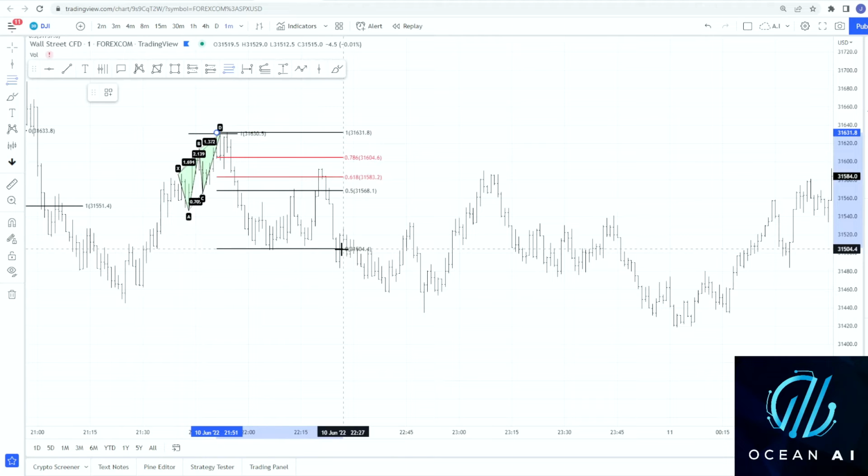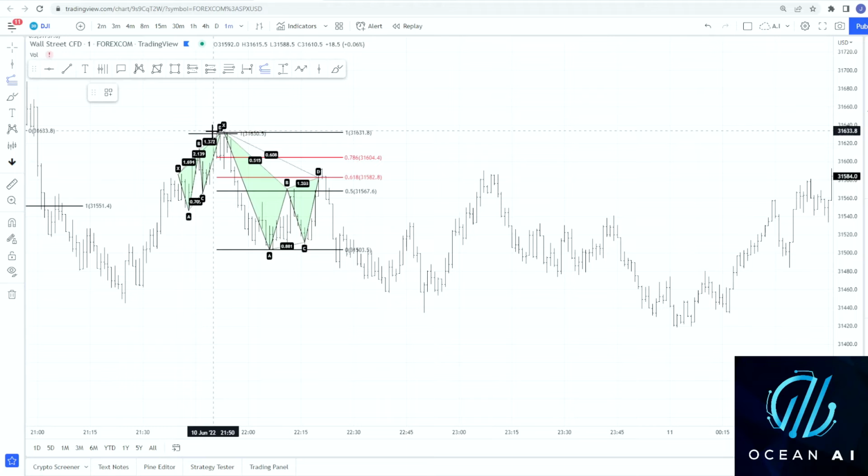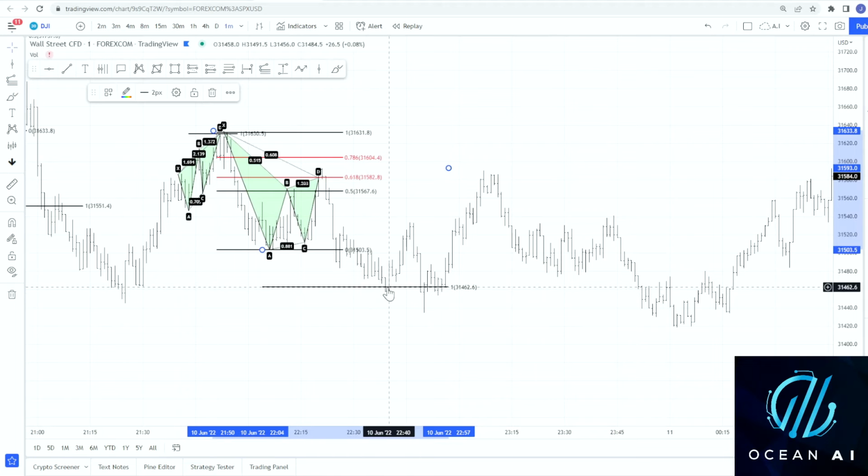That high down to that low, we got the AB, CD, Gartley into the 61% there. And then once again, chasing that ABCD, that ABCD target down was here. That completed nicely, and that was just over 100 points, 120 points for that one.